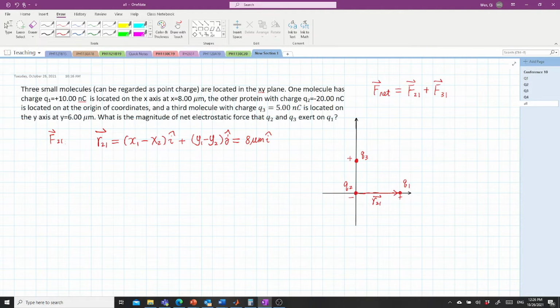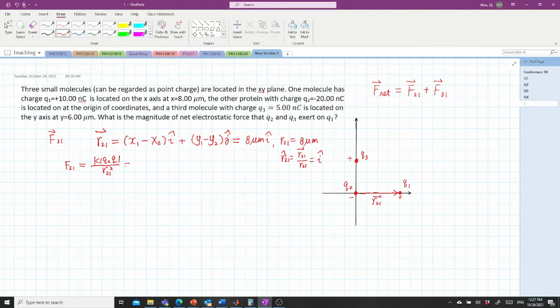Then the force F21 should equal K Q2 Q1 divided by R21 squared. The magnitude of the R21 vector, which is R21, is 8 micrometers. The unit vector would be the R21 vector divided by R21, which is 8 micrometers I hat divided by 8 micrometers, so we get I hat.